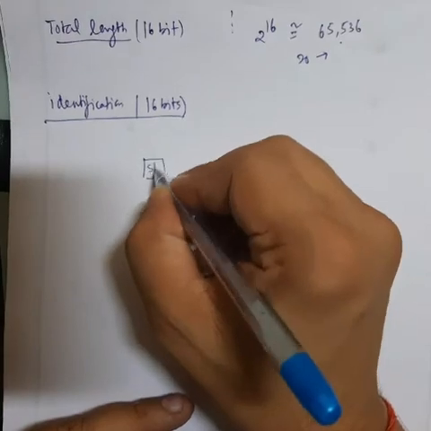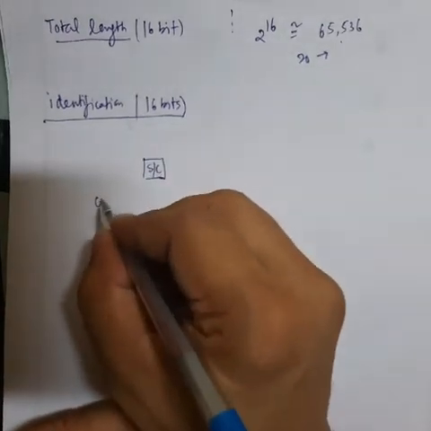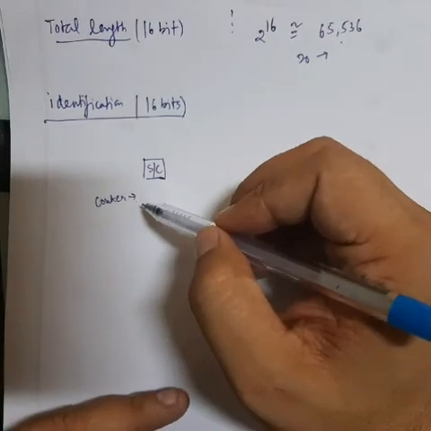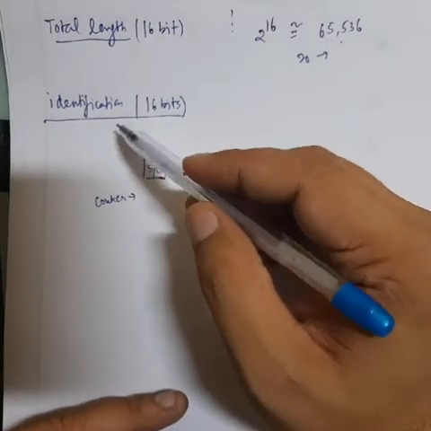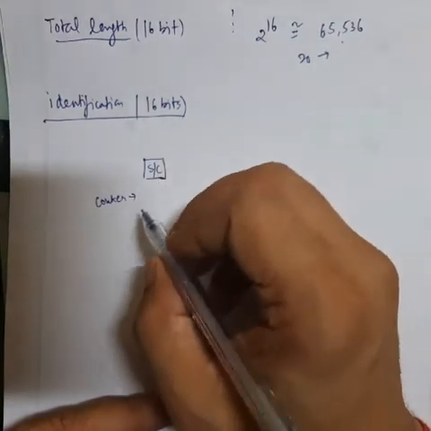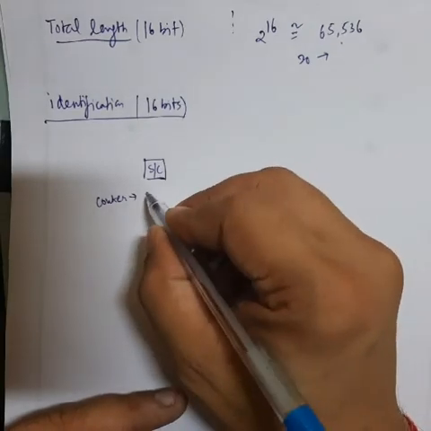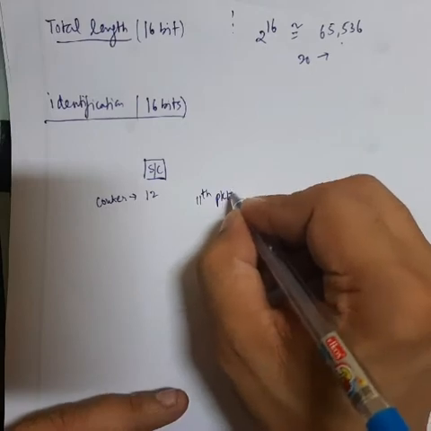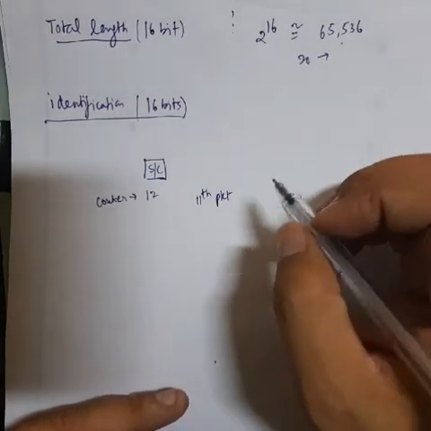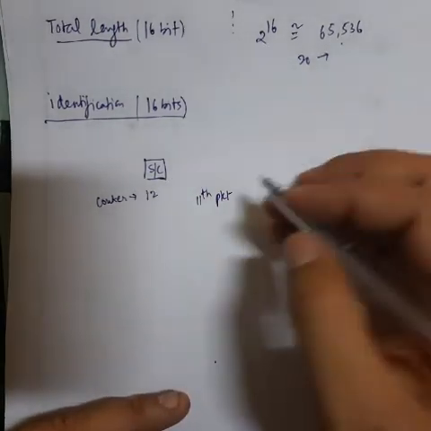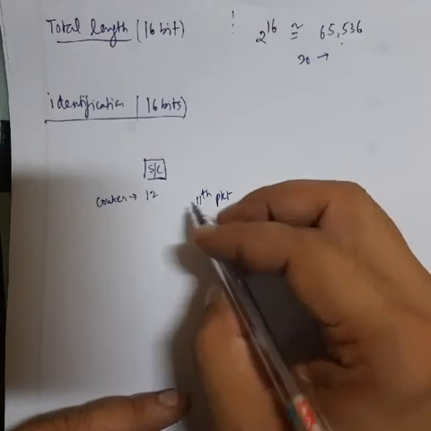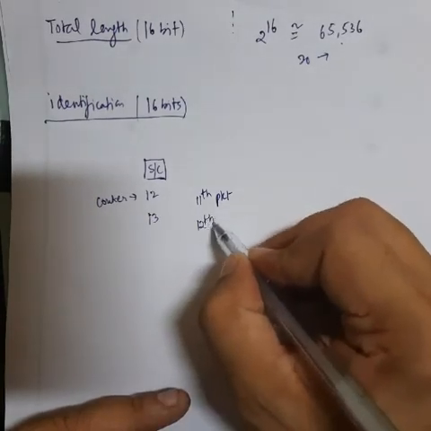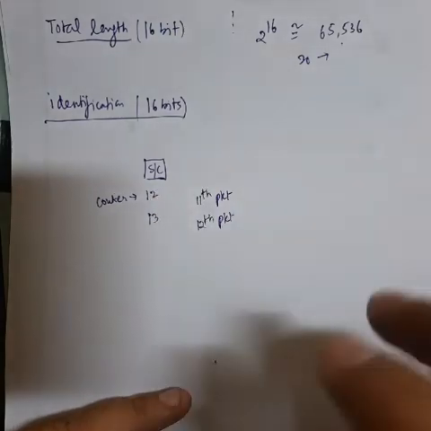At the source a counter is maintained for this field. Suppose that counter variable is 12, that means the 11th packet is successfully transmitted from the source side. Now if the counter variable is 13, that means the 12th packet is also transmitted from the source side.